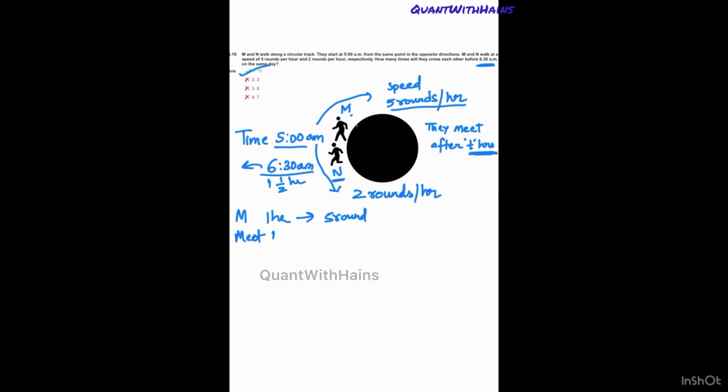Let us assume that they'll cross each other after t hours. That means M travels 5t rounds, and somewhere here they will meet. At the same time N will travel 2 into t rounds, that is 2t rounds.